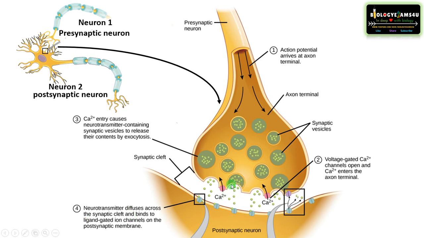This chemical diffuses through the synaptic cleft and binds to the ligand-gated ion channels on the postsynaptic membrane, allowing the movement of charged particles across the membrane of the postsynaptic neuron. Then this creates an electrical change in the postsynaptic neuron and thus generates an action potential, and the process repeats. And this is how the neurons communicate with each other.